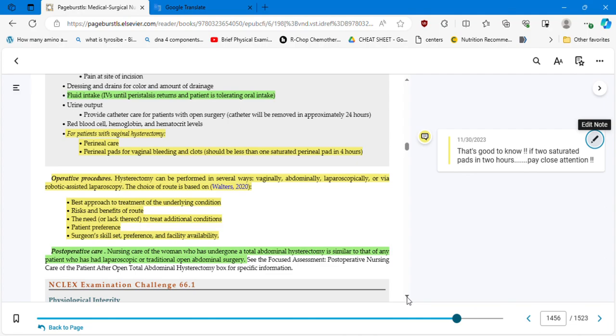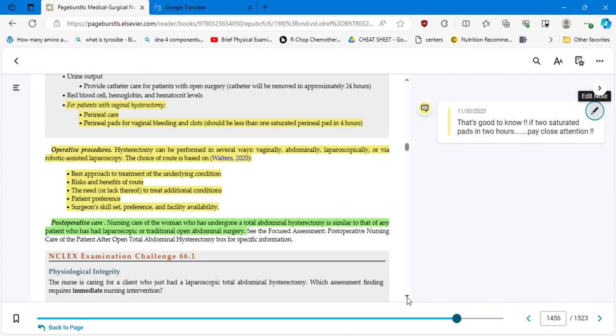Operative procedures. Hysterectomy can be performed in several ways: vaginally, abdominally, laparoscopically, or via robotic assisted laparoscopy. The choice of route is based on the best approach to treatment of the underlying condition, risks and benefits of the route, the need to treat additional conditions, patient preference, surgeon's skill set and preference, and facility availability.